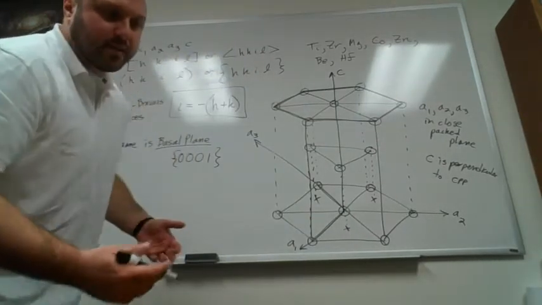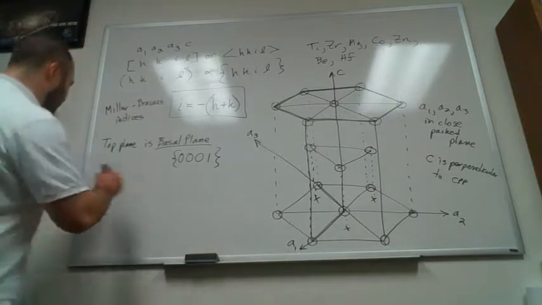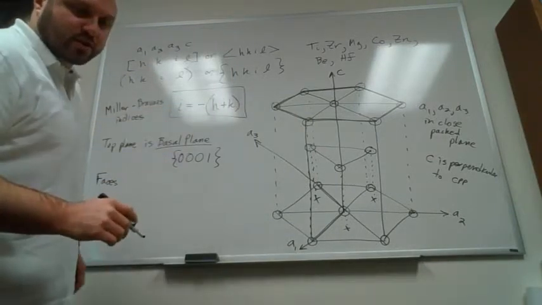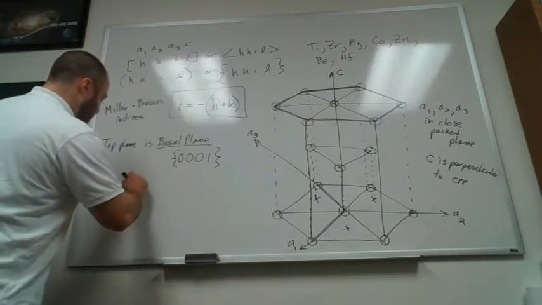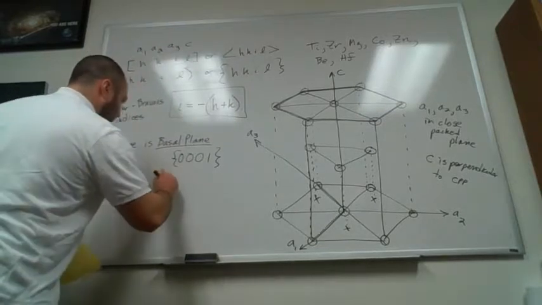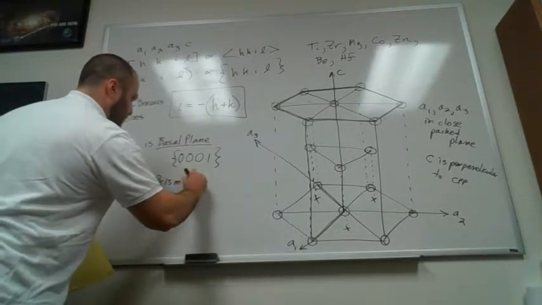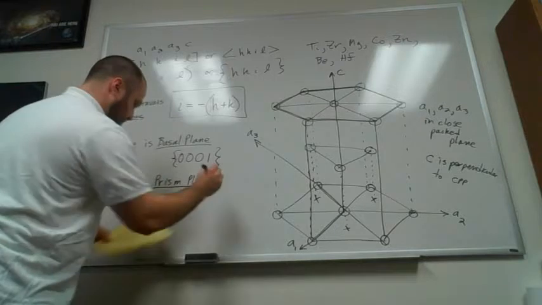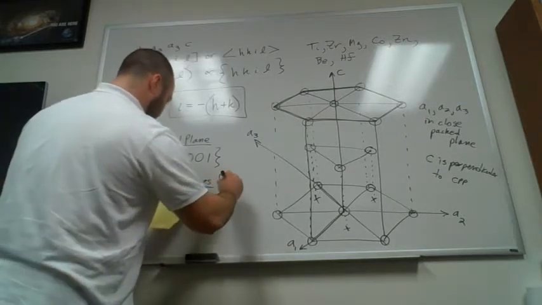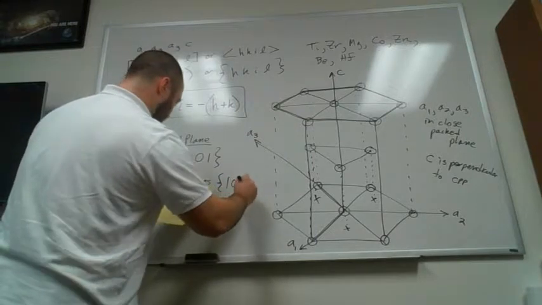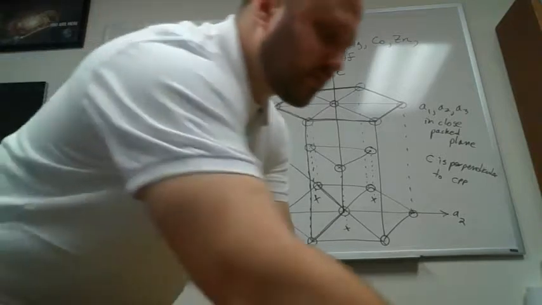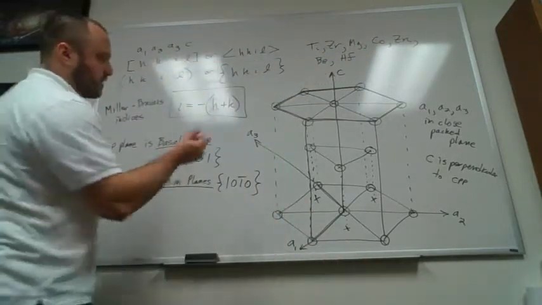I can also describe a few other things that are important. So the faces of the structure that I drew here are called the prism planes. Okay, and these would have the index 1, 0, 1 bar, 0. Okay, so these right here, I'll draw it in a different color.